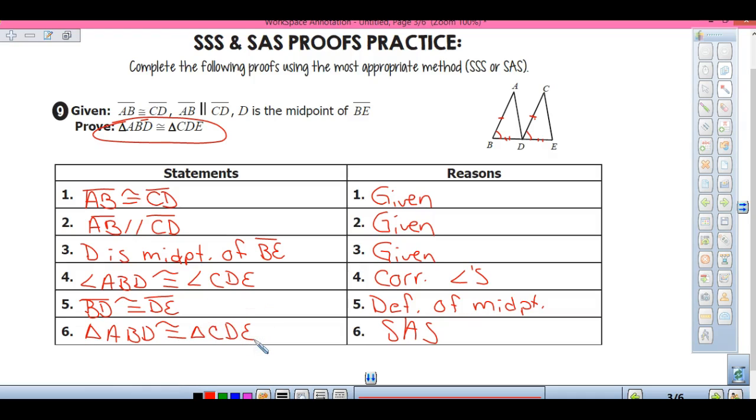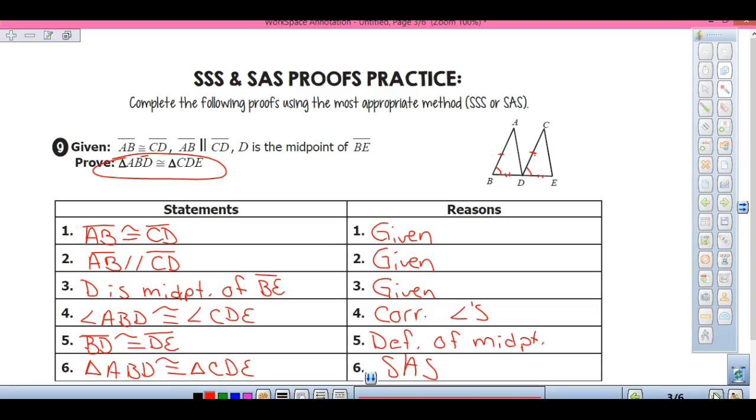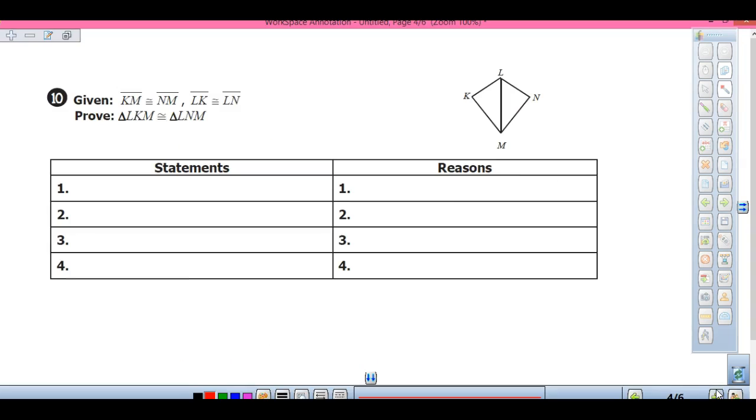And your reasoning, I'm going to tell you right now, for this assignment today is either going to be SSS or SAS. That should always be your last step in these. Because we're actually doing proofs, there has to be enough information in order for us to prove it.